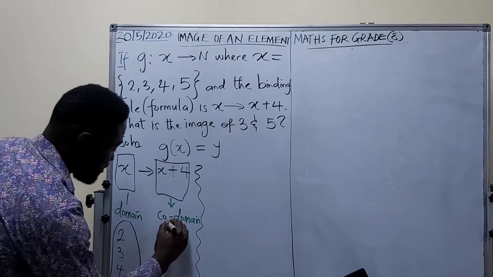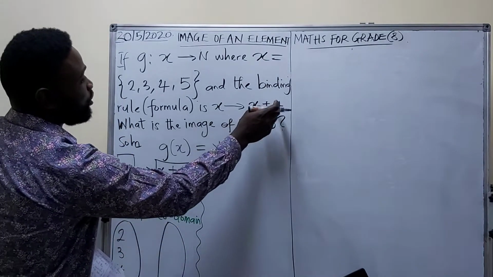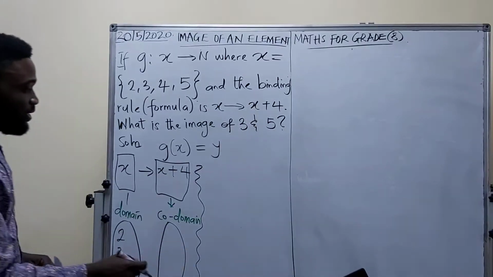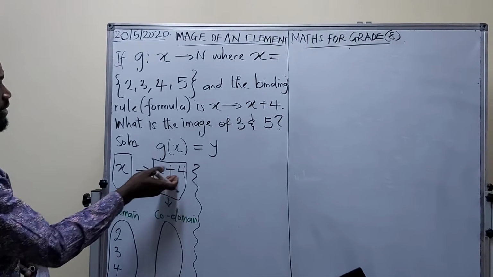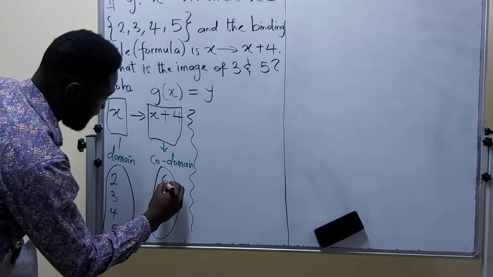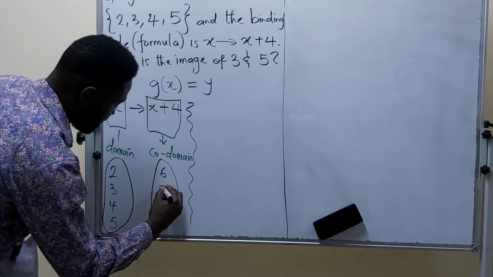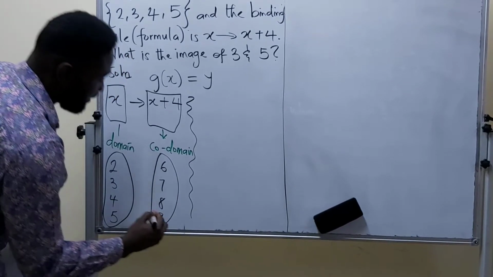Then to get this other part, the formula says you will add 4 to the value of X. So the value of X here is 2, 3, 4, and 5. So all we need to do is to add plus 4 to everything. So 4 plus 2 will give you 6, 4 plus 3 will give you 7, 4 plus 4 will give you 8, and 4 plus 5 will give you 9.